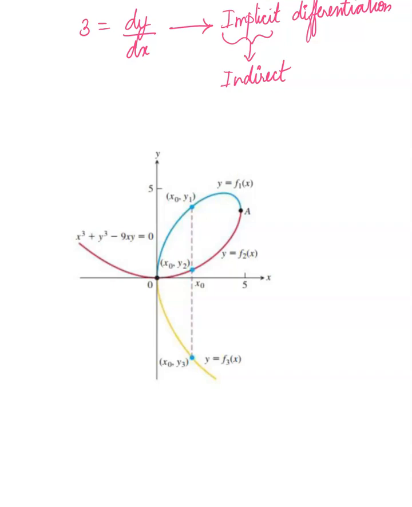But if you did keep the function as it is, we would not have a function. So the entire curve is written like this. The equation of the curve is x cubed plus y cubed minus 9xy equals 0. Look at that.